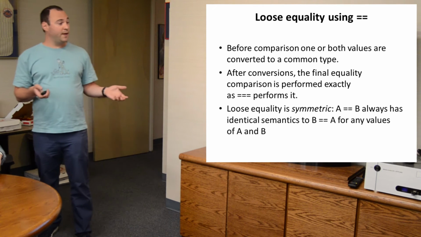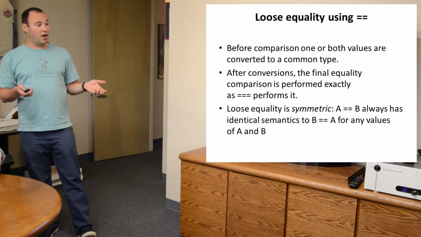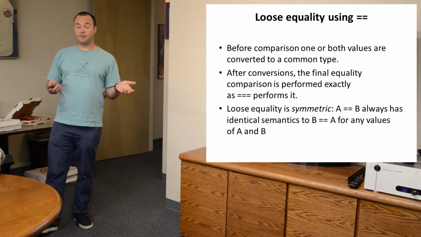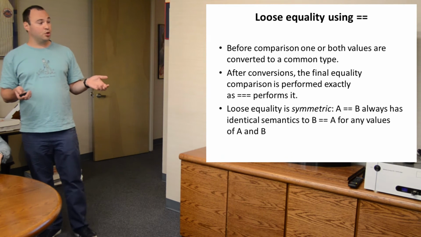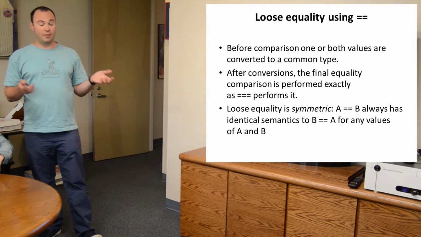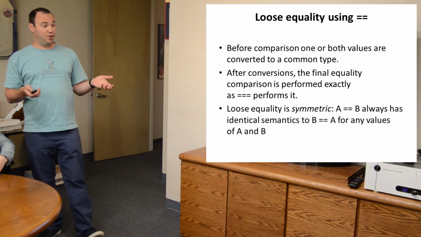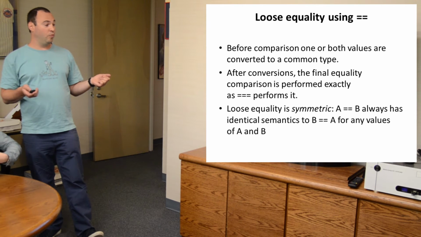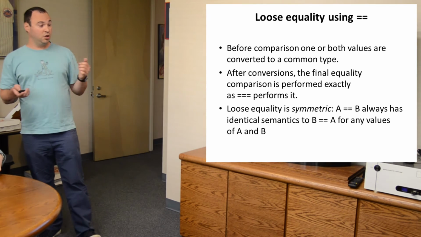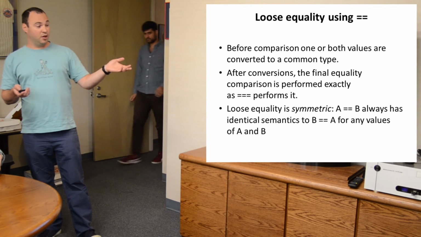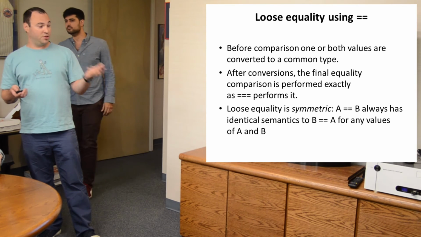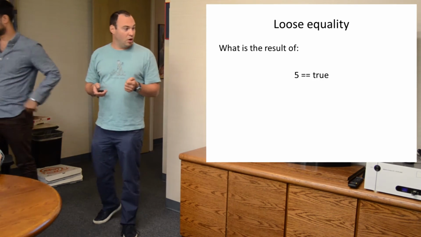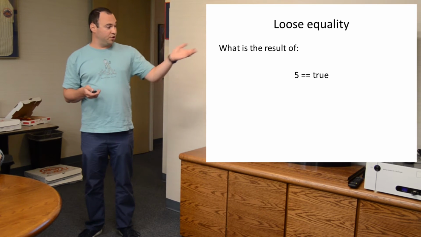So loose equality basically does, if the types of the variables you're comparing are different, it first does a conversion to convert them to the same type, and then basically uses strict equality for the comparison. So it's symmetric, meaning that A equals B is always the same as B equals A. So here's an interesting question.